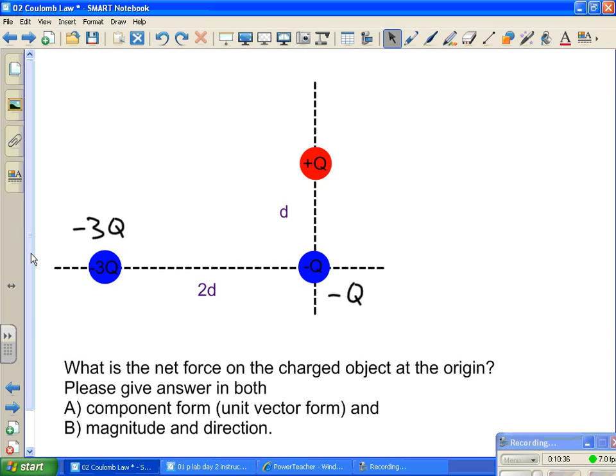Now, if I want to find the net force on this blue negative q charge at the origin, a mistake that I noticed a lot of people making in the past when we were doing this kind of thing with gravitational forces is trying to find some kind of sum of the charges pulling on that thing.